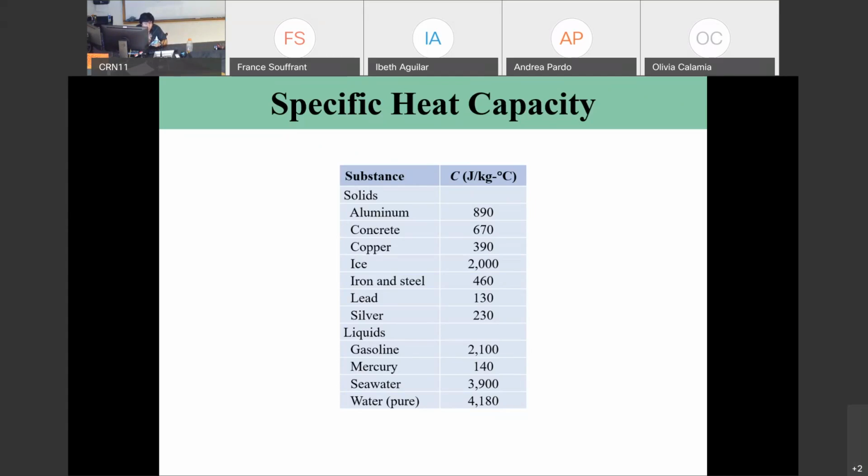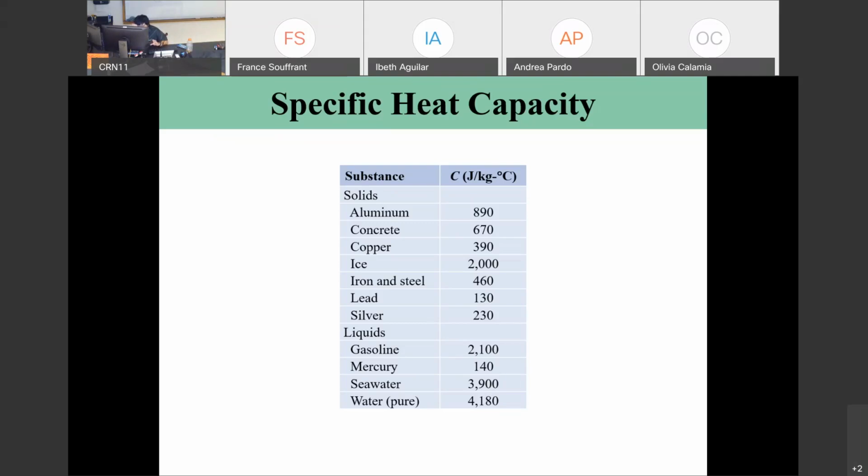So, what does that mean? For example, for water, that's wrong by the way, that's because it says pure. But in general, for water, the specific heat capacity is 4,186 joules per kilogram per Celsius.